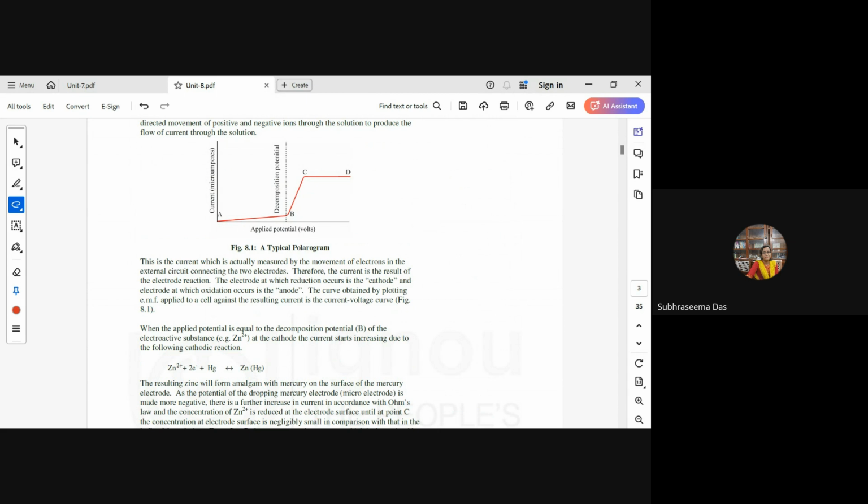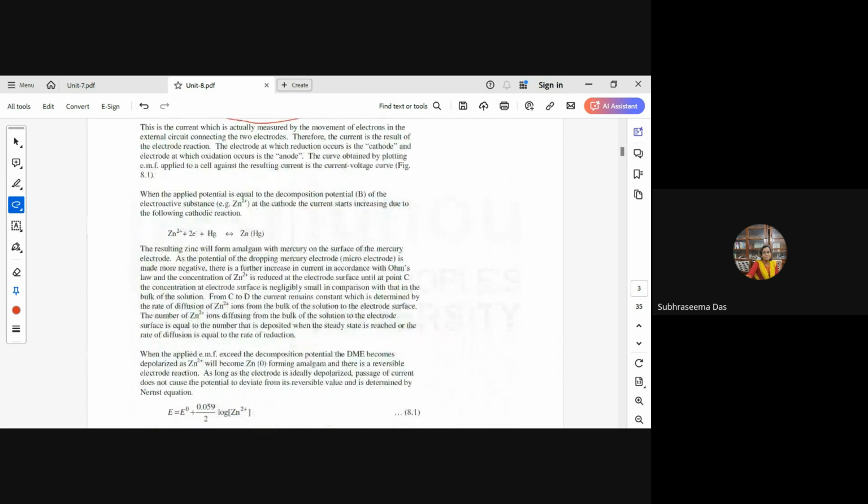The electrode at which reduction occurs is usually the cathode, and the electrode at which oxidation occurs is usually the anode. The curve obtained by plotting the EMF applied to the cell against the current is the IE curve, or the current voltage curve, and it is usually represented by a polarogram as shown in figure 1.1.